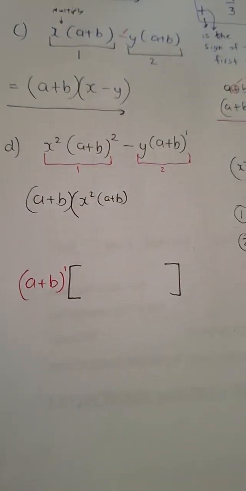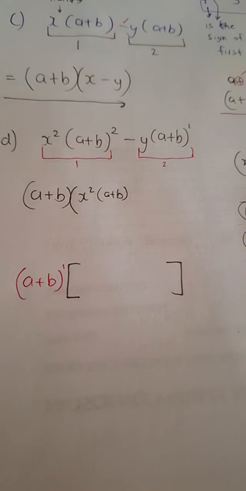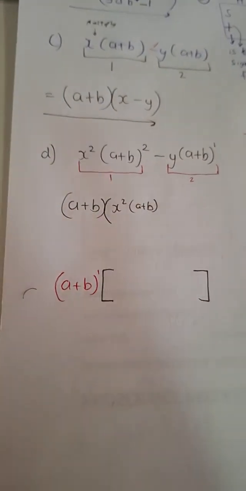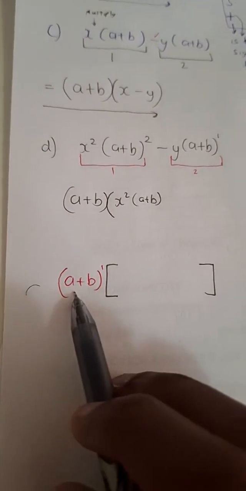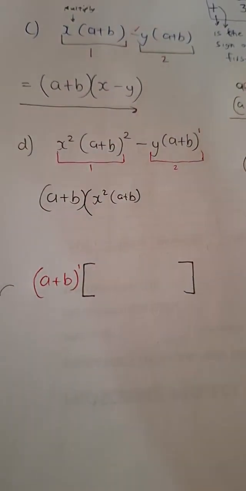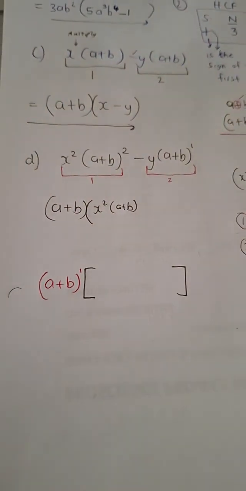I hope we are good. So I took out the highest common factor, a plus b. There it is. Can you see that? Let's first establish, are we all together with this a plus b to the power 1 that I took out? Are we happy with that? Because then I'm going to move on to the next step.